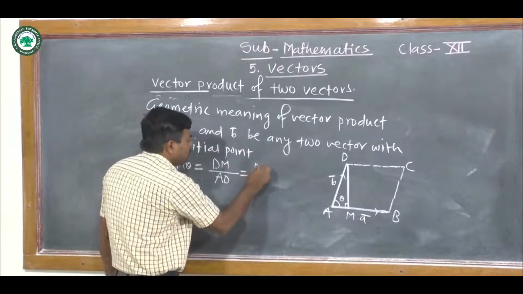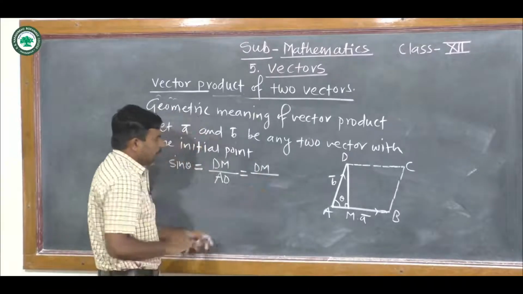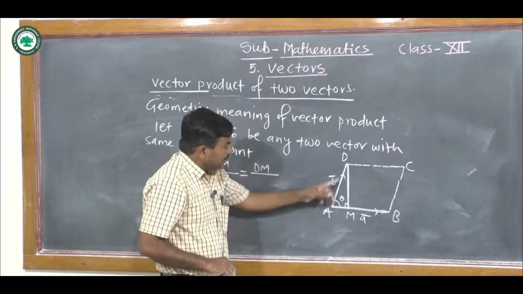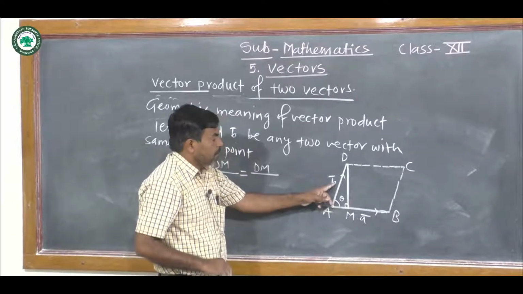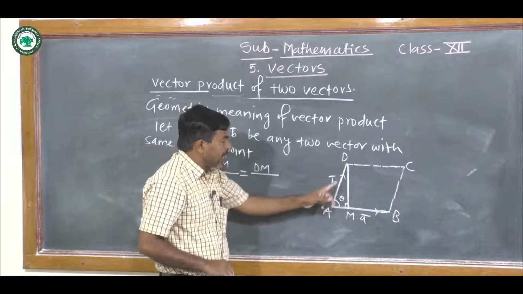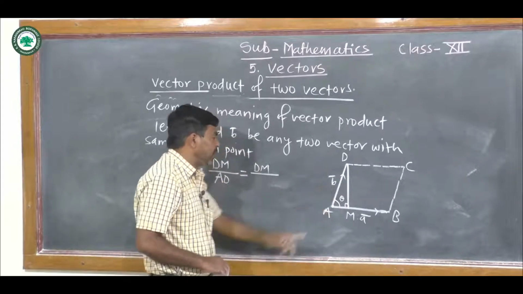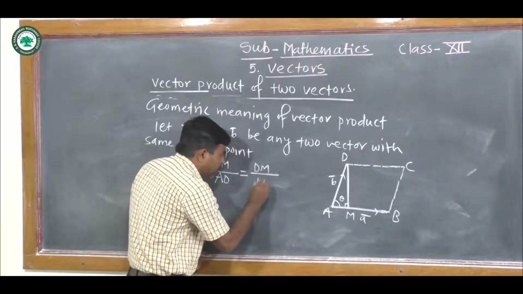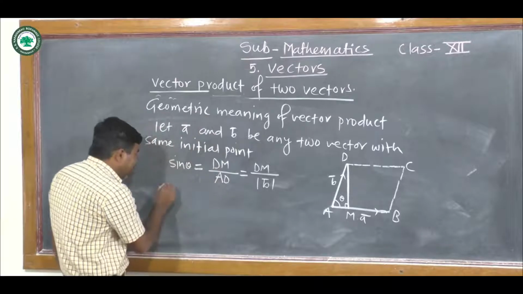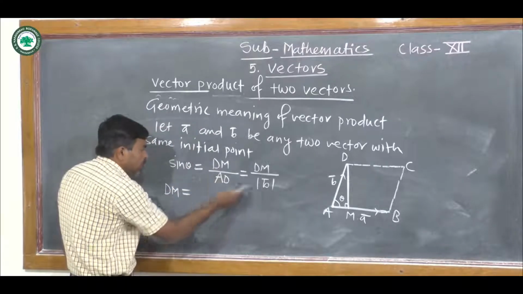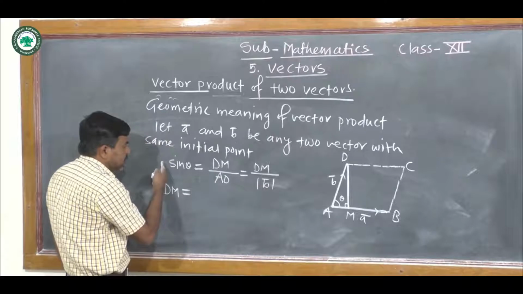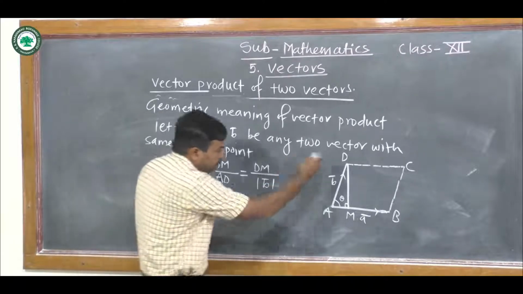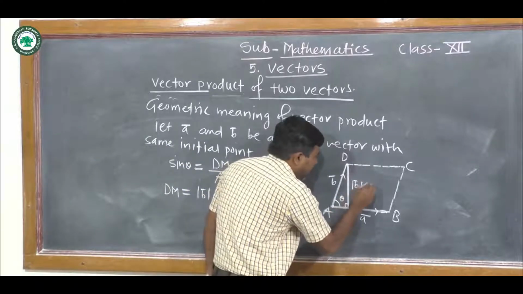Along side AD there is a vector B bar, so the length of segment AD is nothing but the magnitude of vector B. From this one, DM is equal to magnitude of vector B into sine theta.